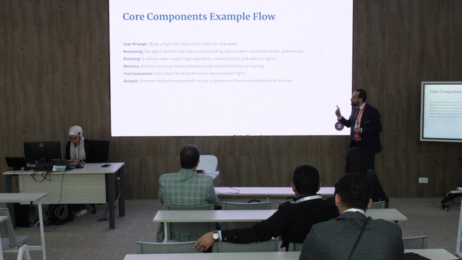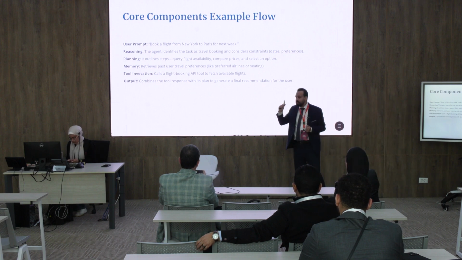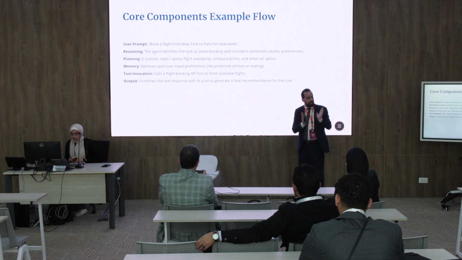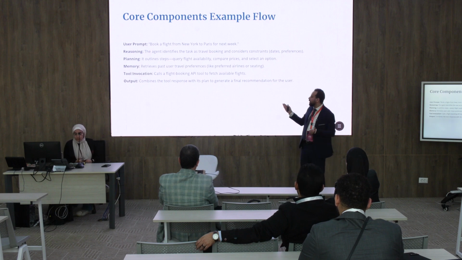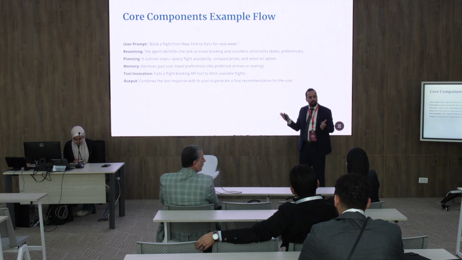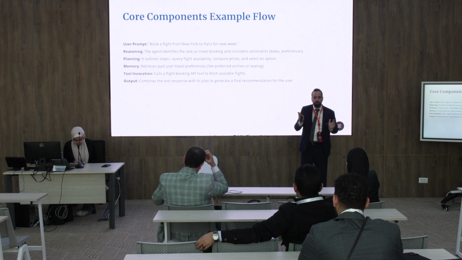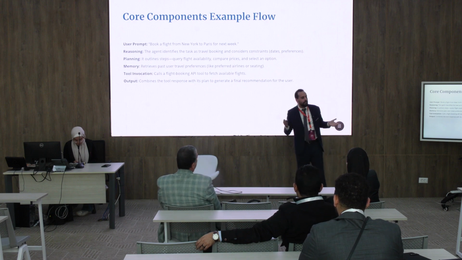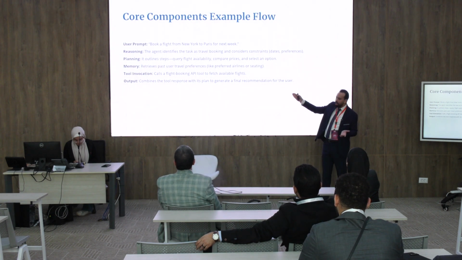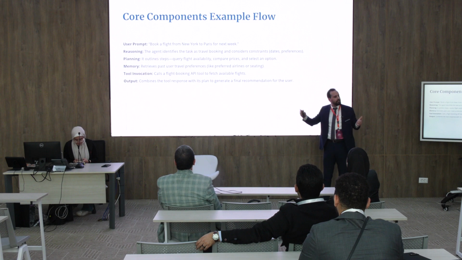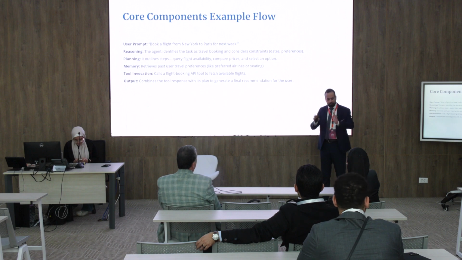Tool invocation. So I need the LLM, the base, needs to have a way, a programmatic way to get flight information. So ideally, there is an API that can help us do that. Also to search flights, there is an API to do all of this.